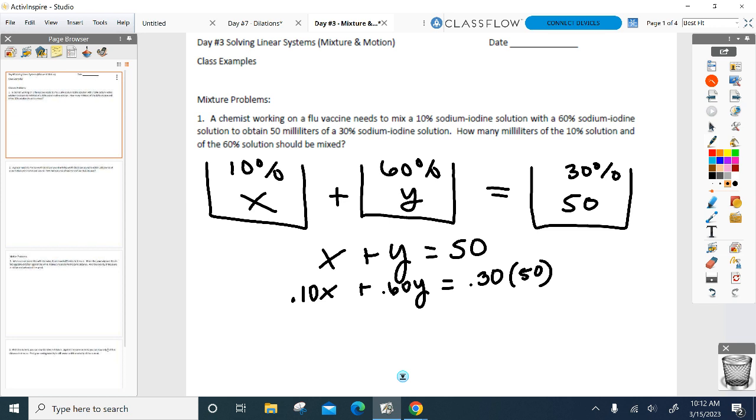If you want to take care of that right now, go ahead. 0.3 times 50. Just know where that number came from. And what's that number? 15. Just remember, that was 0.30 times 50, where I got that from.